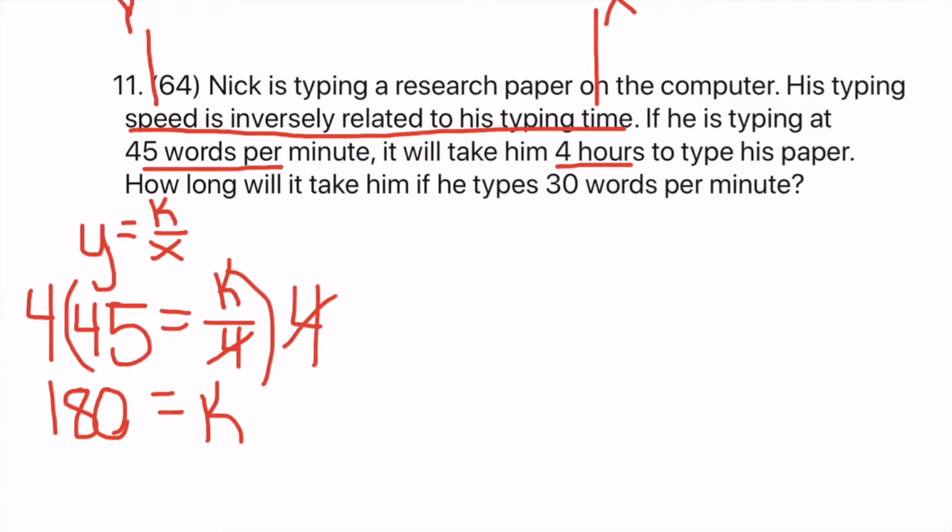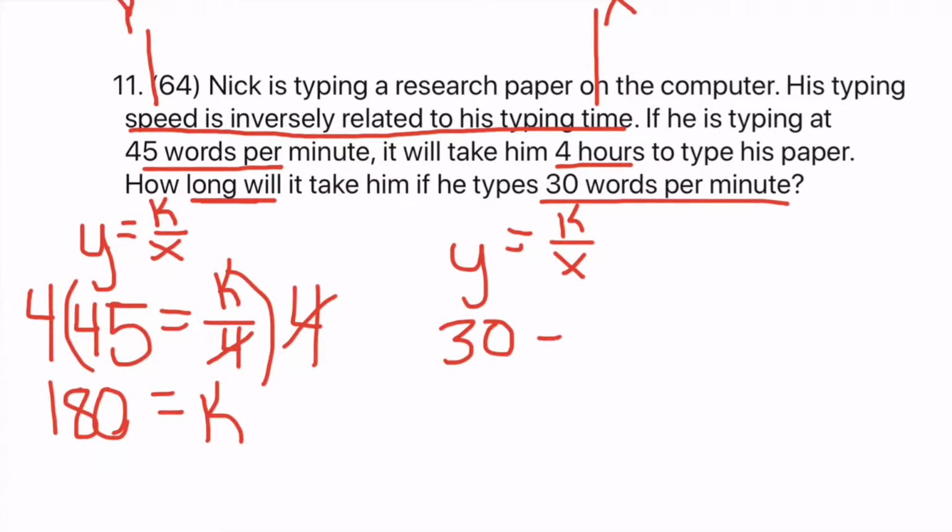So now that we know our k, we can use that and plug it into a second problem in order to find how long or the time it will take him if he types 30 words per minute. So again, this 30 words per minute is his speed, so that goes into our y. So we have 30 equals 180 over x, because we're trying to find the time, so we're trying to find our x.